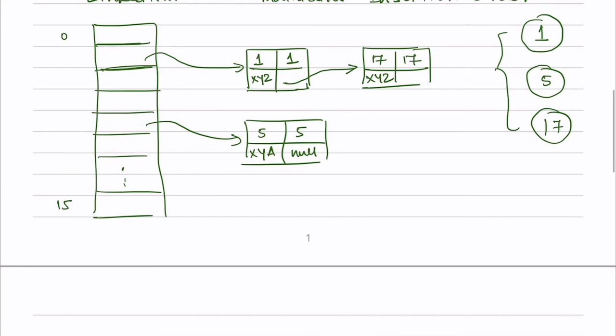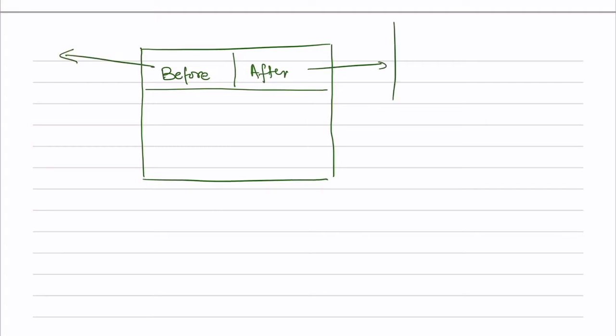So now you can imagine the node like this one. Here there will be a before node in this object, and this will be after. So this will be storing memory addresses of two more nodes.